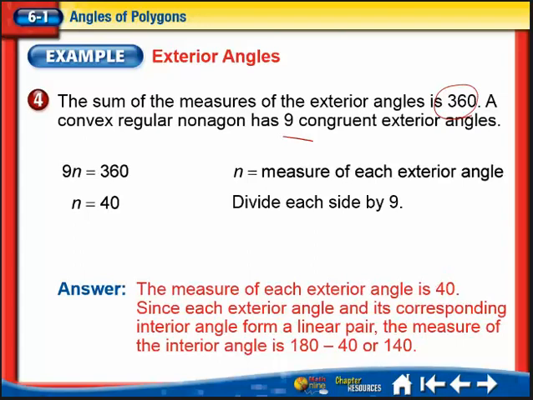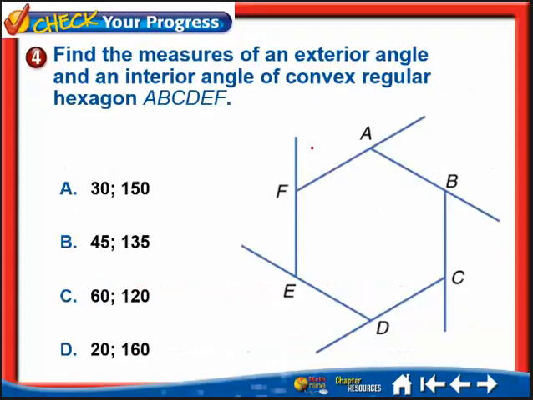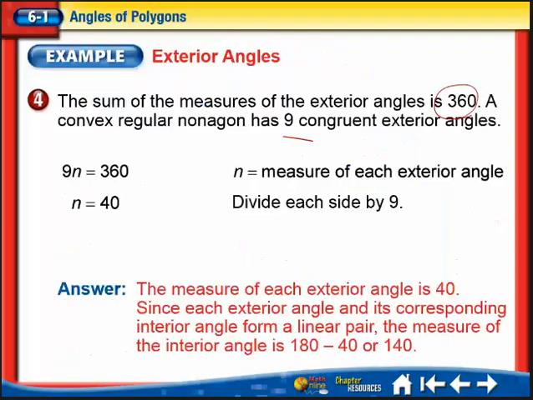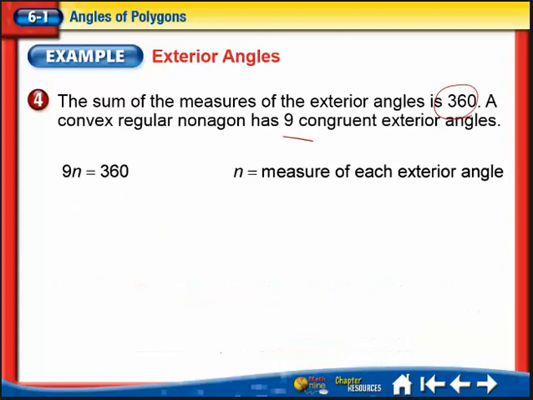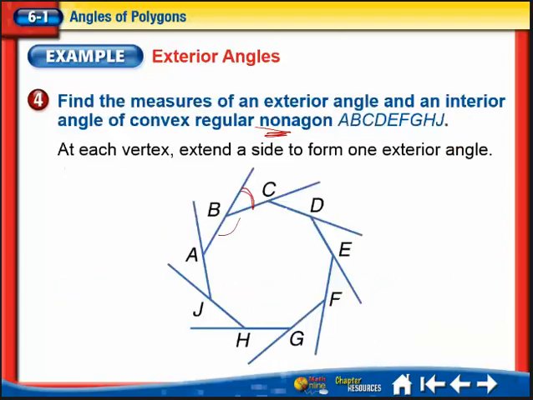Now, how do I find the interior angle? Well, if this is my exterior angle, whoops, let's go back. Let me go back to my picture here. If this is 40, what is this interior angle going to be? Well, notice they make a straight line together.